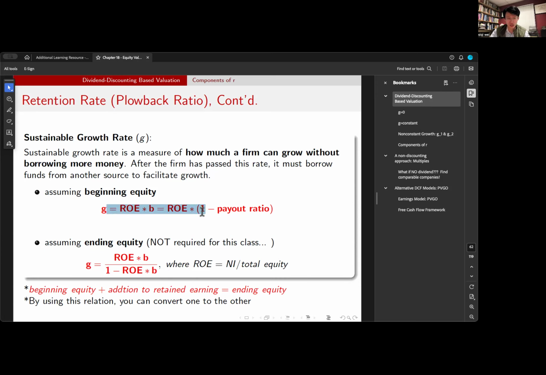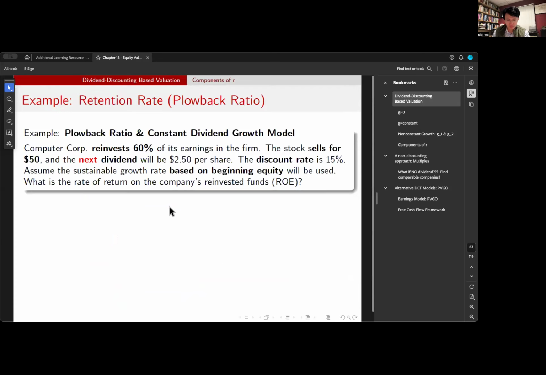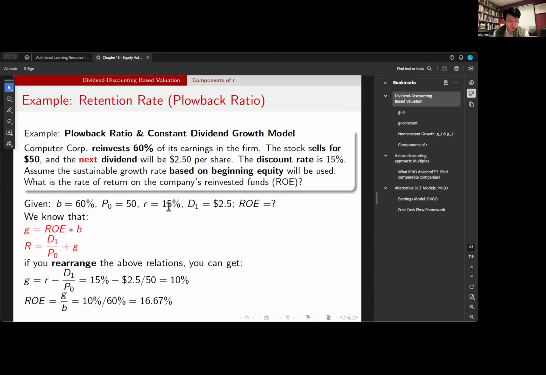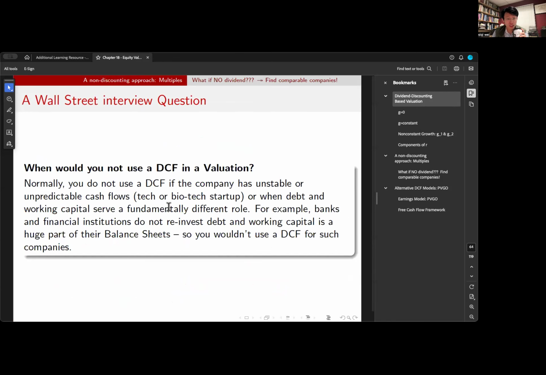You only need to understand this one over here, and that is the growth rate is the product of the profitability measured by ROE, return on equity, and the plowback ratio. All of the profitable cash flows, profitability, how much you're going to save for future growth, right? So that's the idea of a growth rate. There are some number crunching examples on my slides. Feel free to take a look.